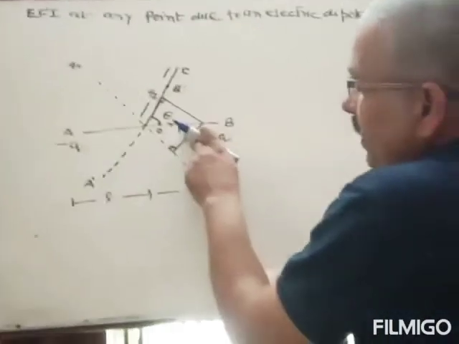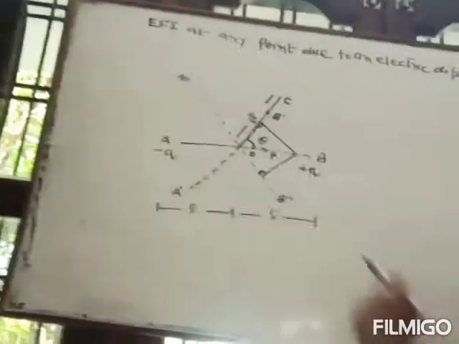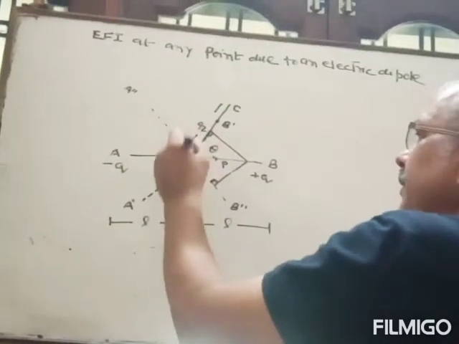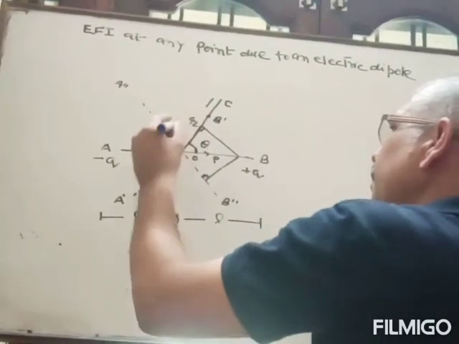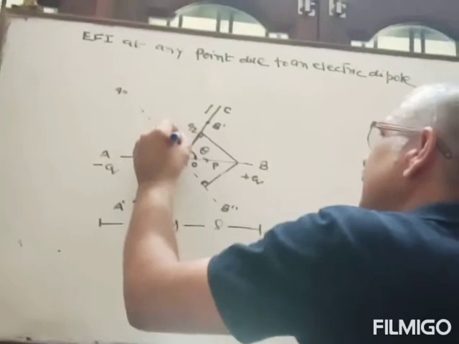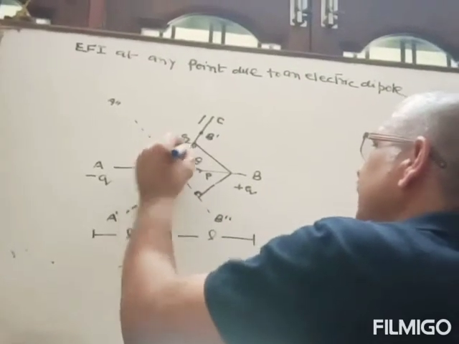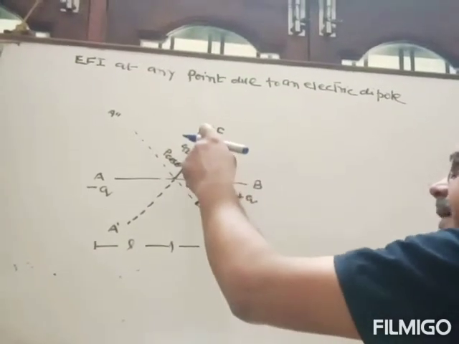So first resolve P along its two perpendicular components. Its horizontal component will be P cos theta, and its vertical component is P sin theta.